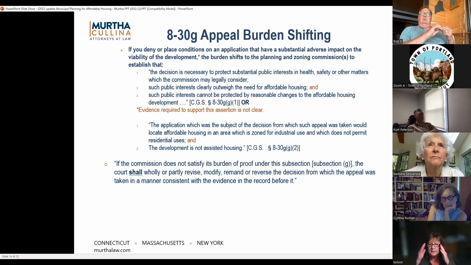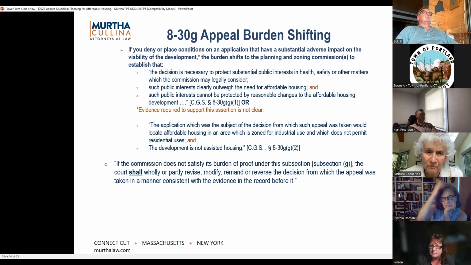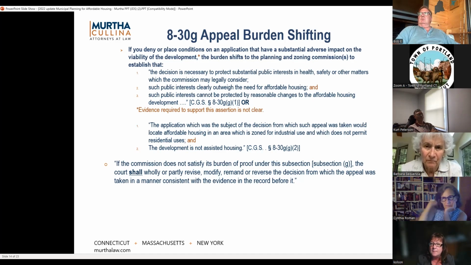When you go up on appeal. In these types of affordable housing appeals, the burden shifts. So now it's on you as the board or commission that's making the decision to establish your burden for denying it, which is significant because now it's on you, okay?